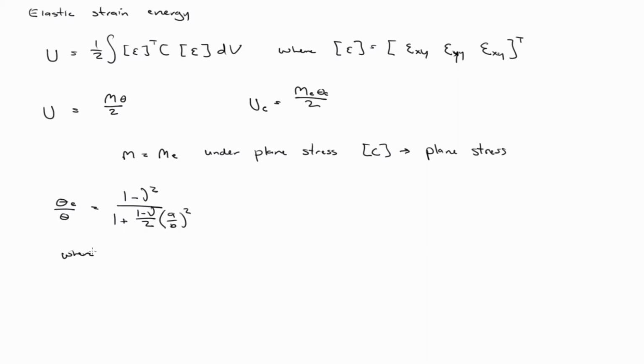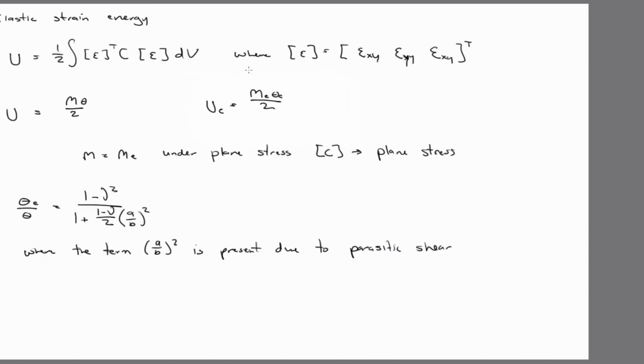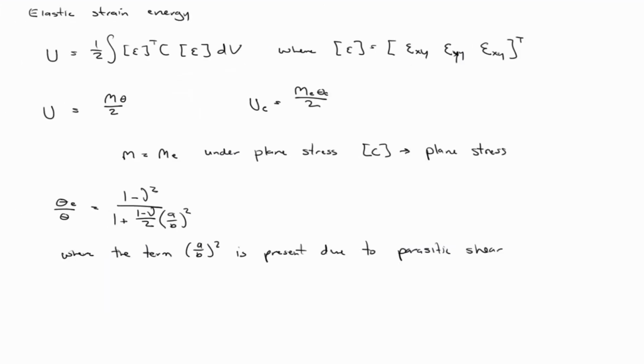Where the term A over B squared is present due to parasitic shear. I guess, did I write what B is? Maybe it's obvious, but B is this. So if we take the limit as A over B, so this is the sort of aspect ratio of the element, right?